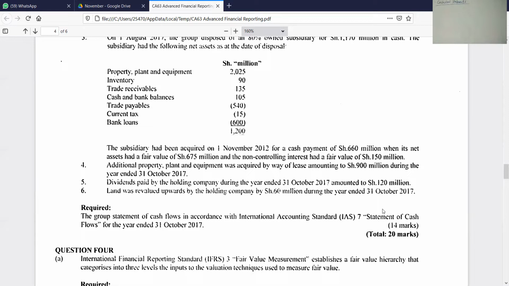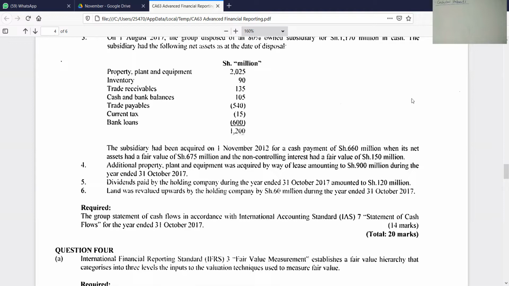Dividends paid by the holding company during the year amounted to 120 million. The land was revalued upwards by the holding company by shillings 60 million during the year ended 31st October 2017. They require you to do the group statement of cash flow in accordance with International Accounting Standard 7 for the year ended 31st October 2017.